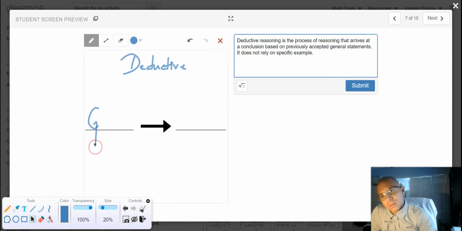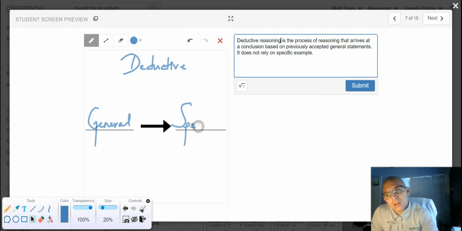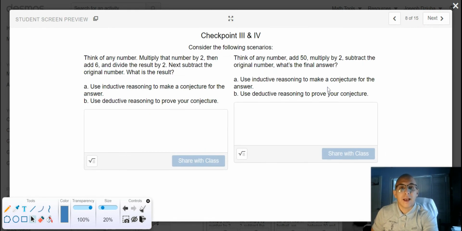We're using some general clause statement that's going to lead us toward a specific action. Okay, this is much more a theoretical style of thinking, but let's take a look at a scenario.